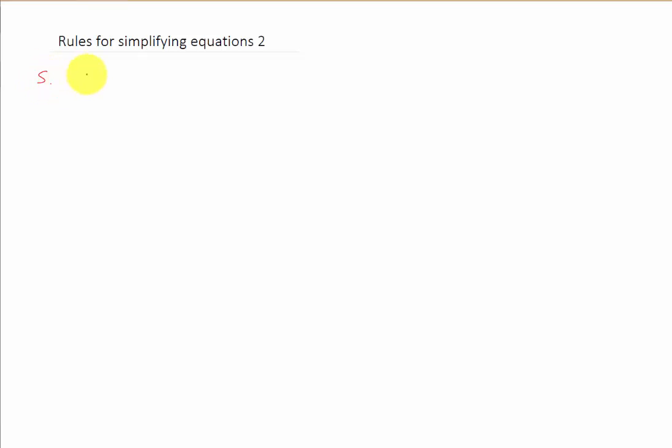The fifth one is that you can add or subtract the same thing to both sides of an equation, and the two sides should still be equivalent.